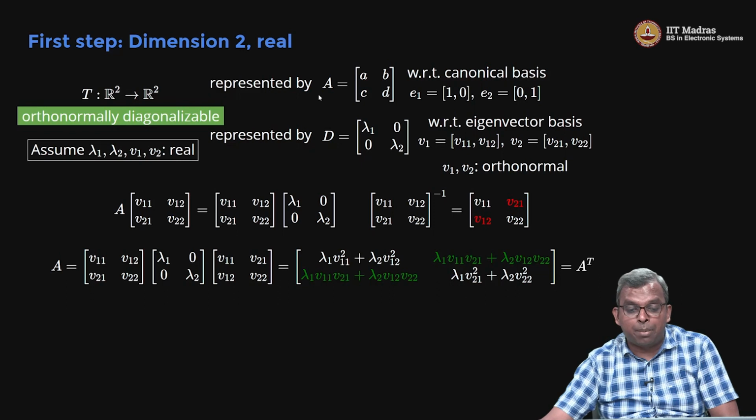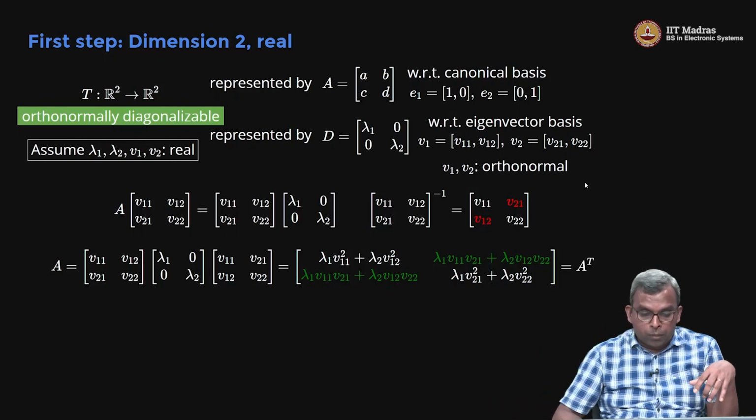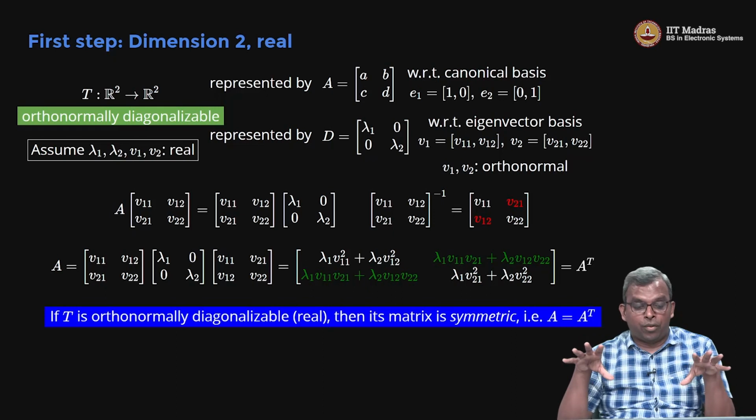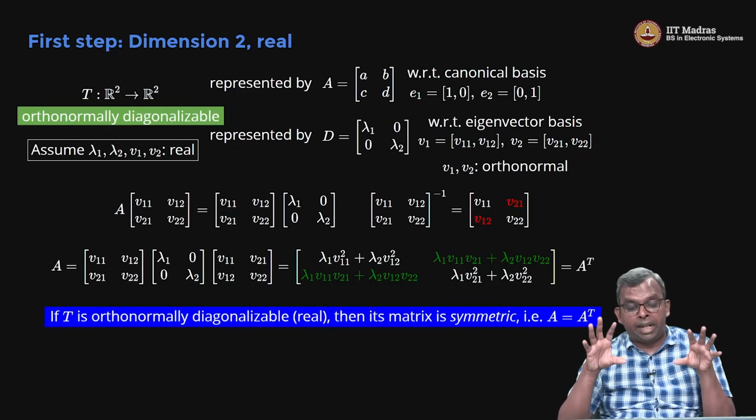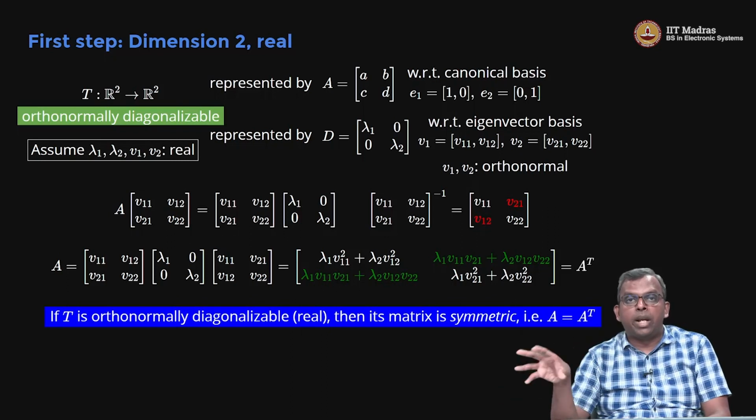So, this arbitrary A that we started with, if it has an orthonormal eigenvector basis, then A will be A transpose. This is a critical and very nice observation. This is what we have shown. If T is orthonormally diagonalizable in this real world, then its matrix is going to be symmetric. A is going to be equal to A transpose.